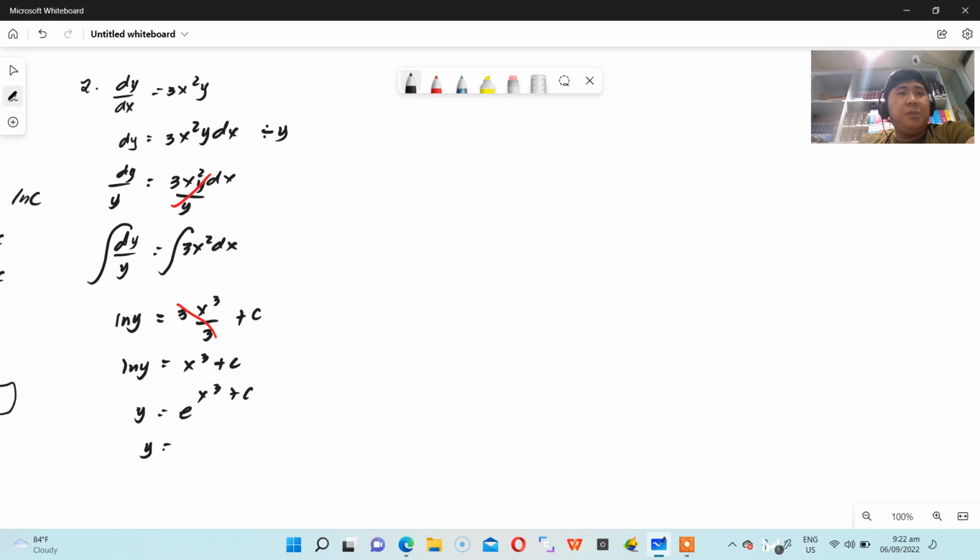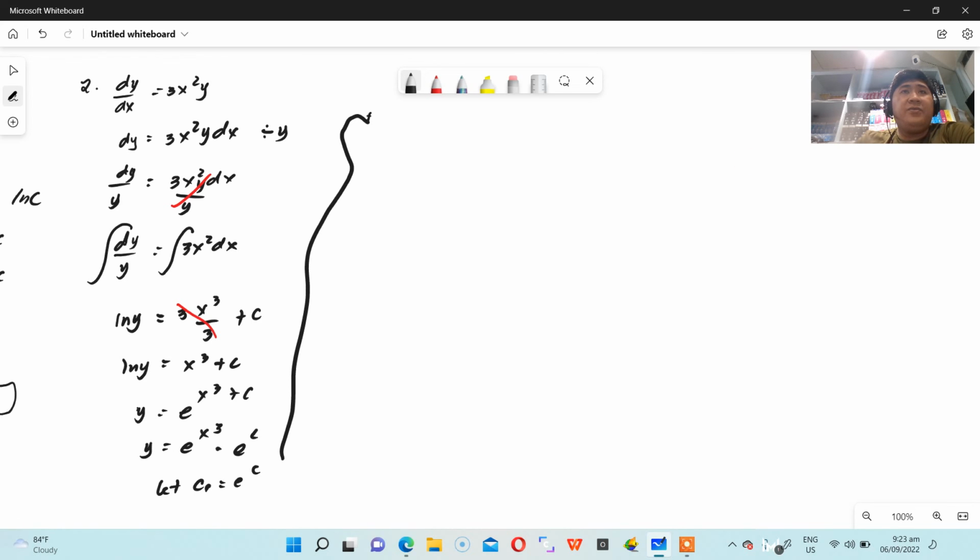So, same process, e raised to the power of x cubed times e raised to the power of c. If you have two terms that are multiplied with a power, the power will be added. So, it's just like this or this. So, we let c sub 1 equal e raised to the power of c.